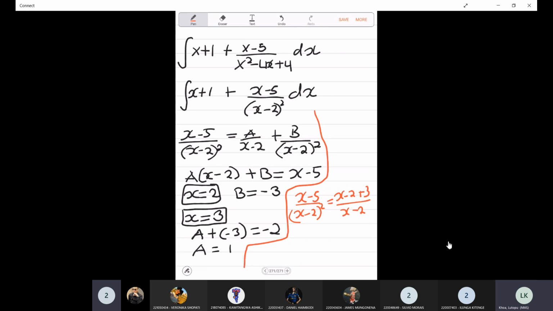Can you check again? After you say x equals 3, you say a plus -3. Shouldn't you say 3a? Where are you getting the 3 from? You said x is equal to 3. Where's the x here?